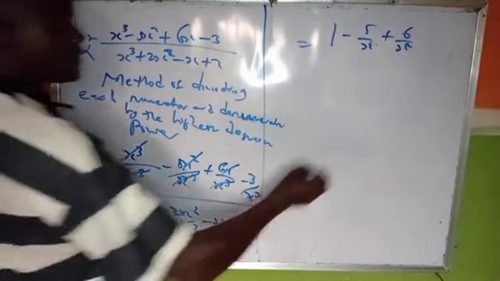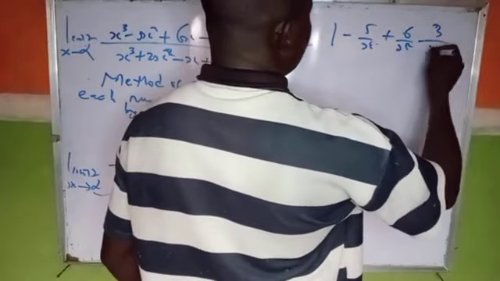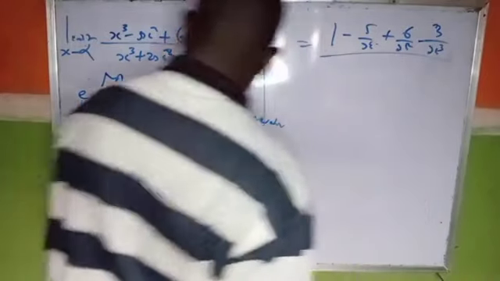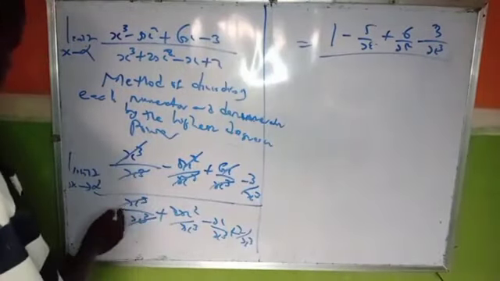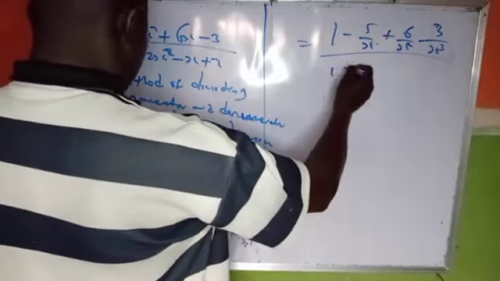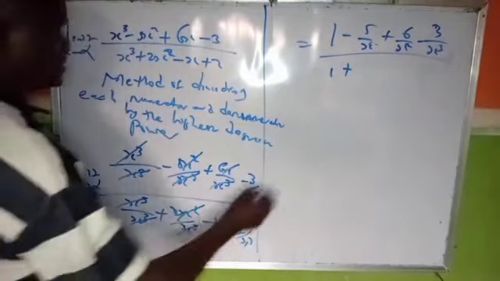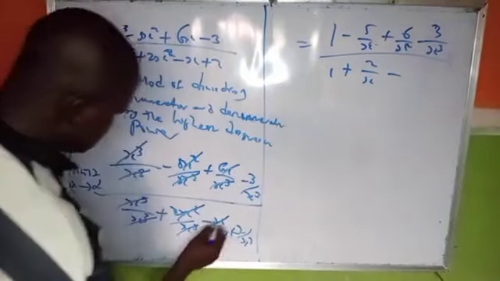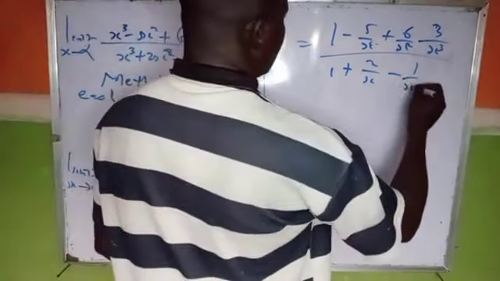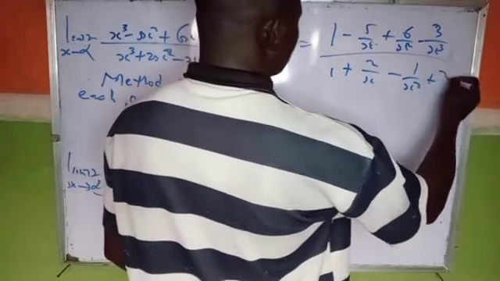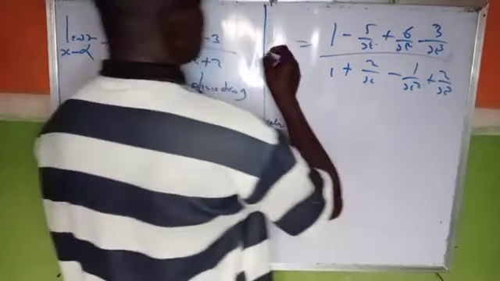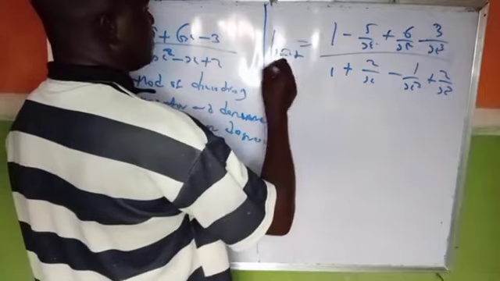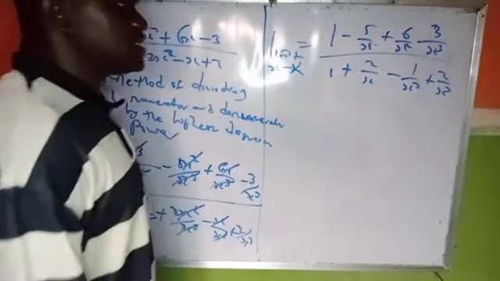This one remains, so you have 3 over x raised to power 3, divided by, look, this cancels this, 1, plus this goes for this, 2 over x. This goes for this, 1 over x squared, plus 2 over x to power 3. So the limit as x tends to infinity.